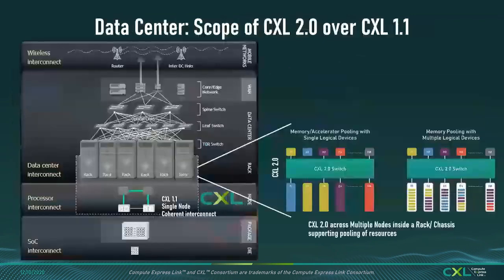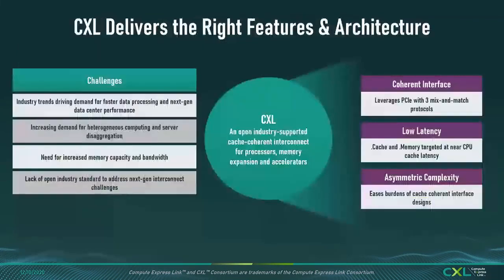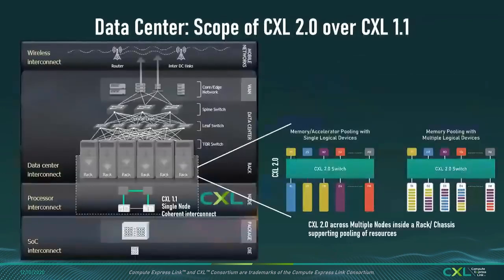And while CXL continues to evolve, it's very important that we make sure it's backward compatible with previous generations to ensure interoperability with previous devices and make sure that you continue to use the investment that you've been putting into the technology.